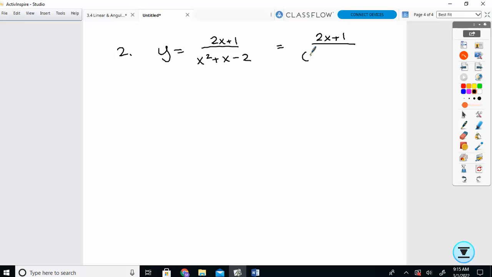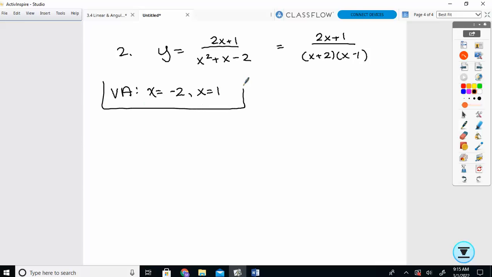So we would have to start off by factoring the denominator, so that would break into x plus 2, x minus 1. So the vertical asymptotes, they are lines, so I expect equations. So that would be x equals -2 and x equals 1.